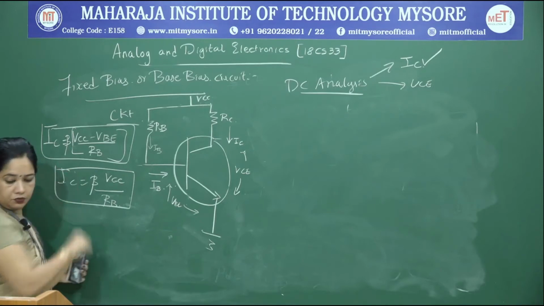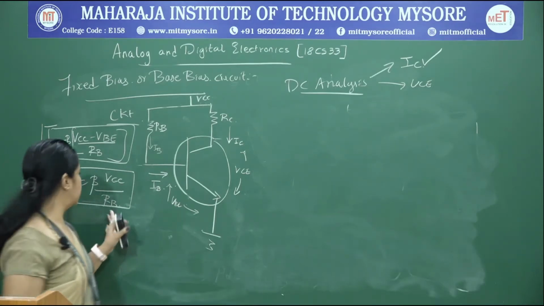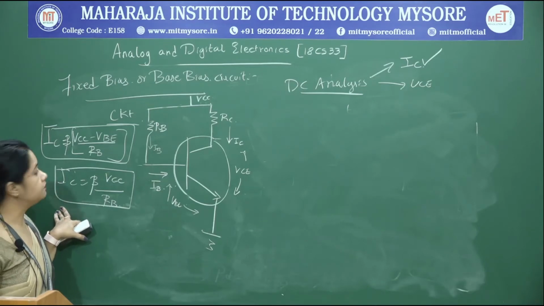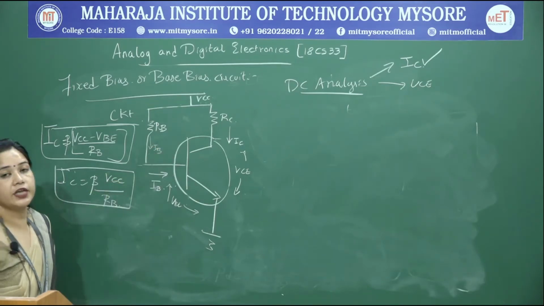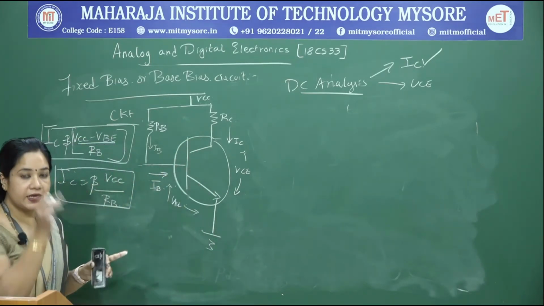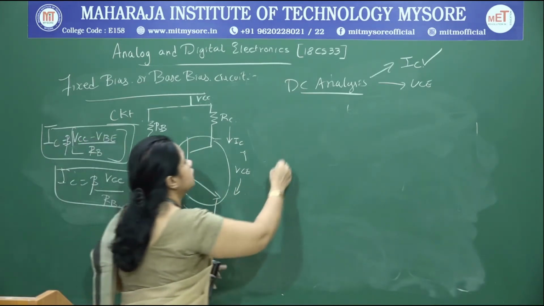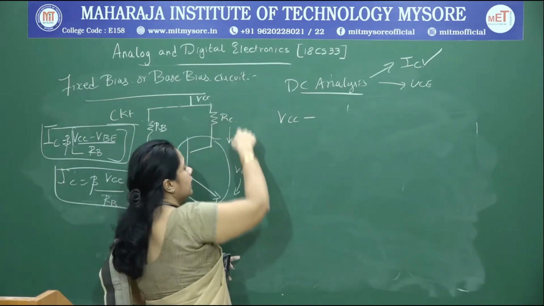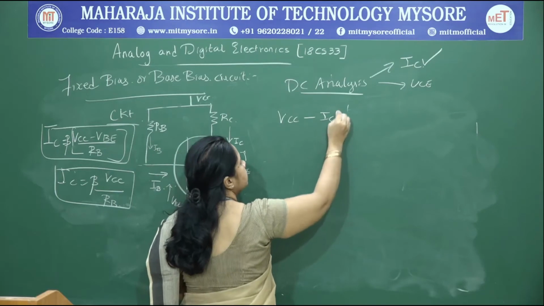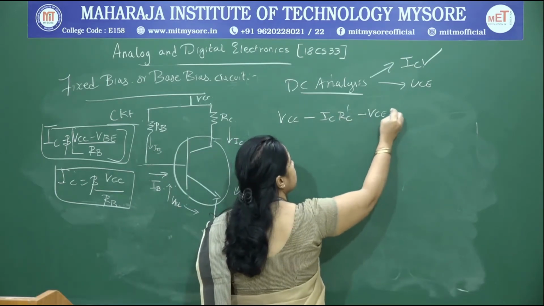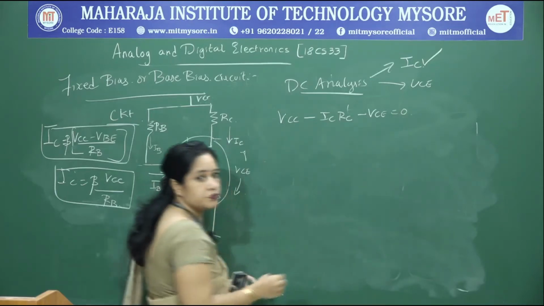Now, we will try to find the expression for VCE. For this, we apply KVL to the output junction. So, VCC is the power supply, minus IC RC, minus VCE, equal to 0.